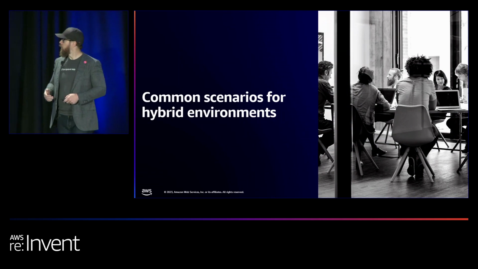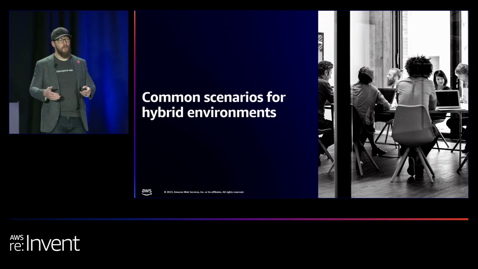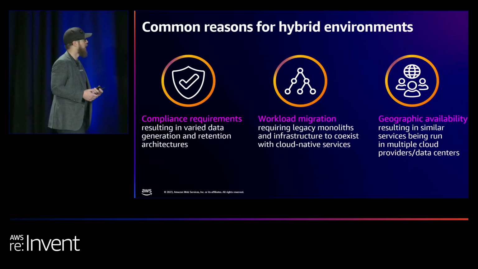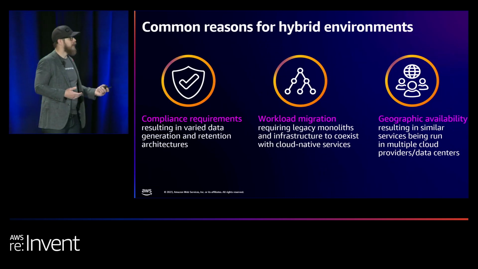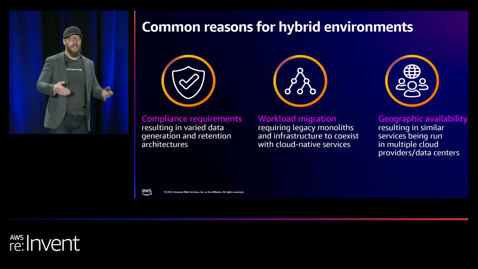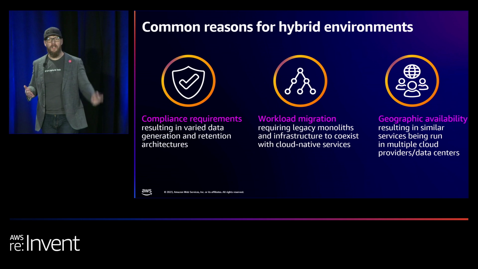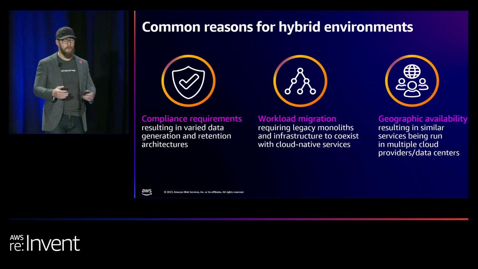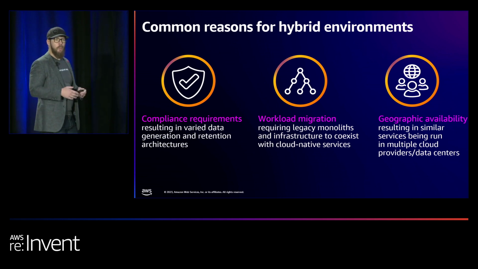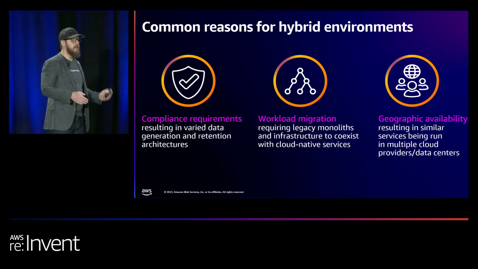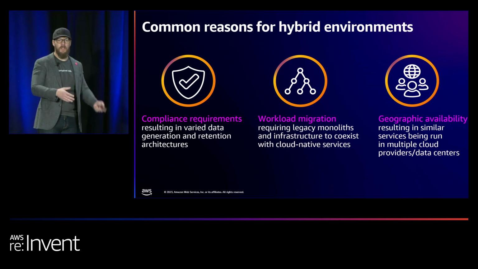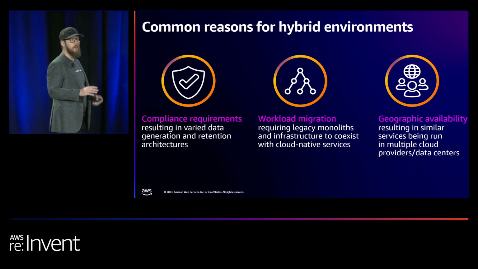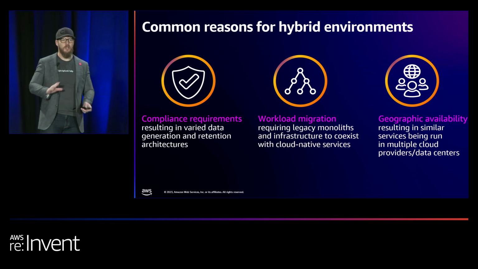All right, so common scenarios for hybrid environments. When we hear hybrid, it can mean a couple of different things. It can mean that you have an on-prem environment and a cloud environment. That on-prem environment is for compliance, or your legacy monolith stack that is so old that you can't break it into microservices, or whatever else it may be. It could be workload migration, where you are in the midst of moving that on-prem or legacy environment into the cloud or into multiple clouds, and you're in some stage of that migration journey.